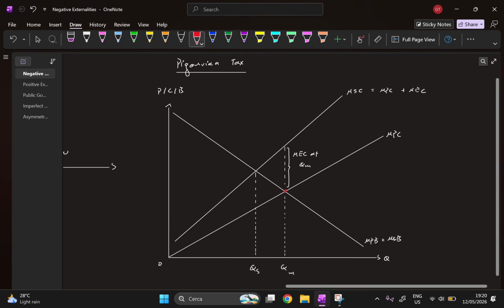But I want to achieve my socially optimal quantity here, QS. So you cannot change the rationality of a producer and consumer. You cannot demand that they be less selfish. You cannot demand that a profit maximizing producer or a utility maximizing consumer suddenly disregard his objective as an economic agent and start to care about the external cost to society.